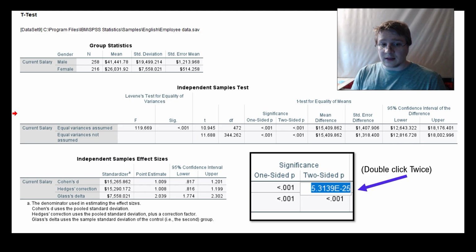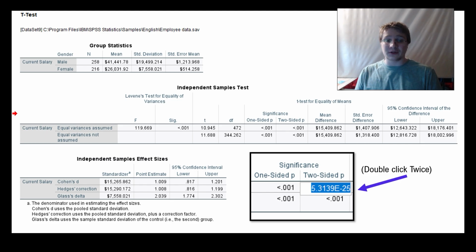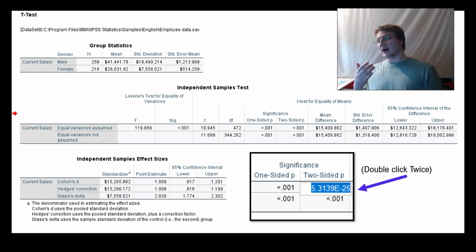If you look at the t-value, man, that's a really big t-value. The significance for the two-sided p is so small that we had to double-click it twice to get the actual value, which is 5.3 x 10 to the negative 25, a ridiculously small number.